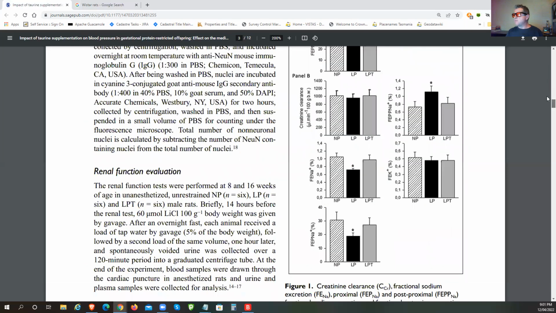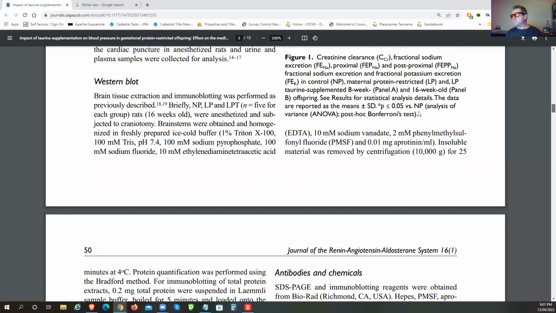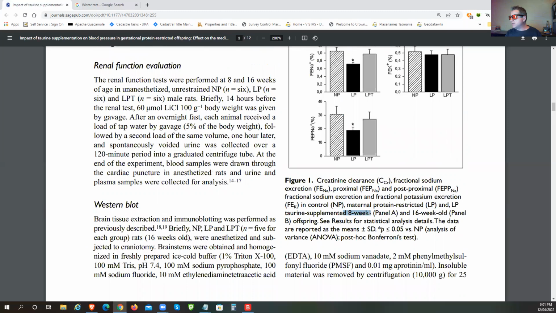So there's a panel A and a panel B. Panel A is 8 weeks. Panel B is 16 weeks. So think in human terms, 5.5 years, 11 years. So we're looking at creatinine clearance, fractional sodium excretion. So the excretion you put out in the urine in that regard, the proximal sodium, which is the reabsorption, and also the post proximal, that means after that reabsorption stage.